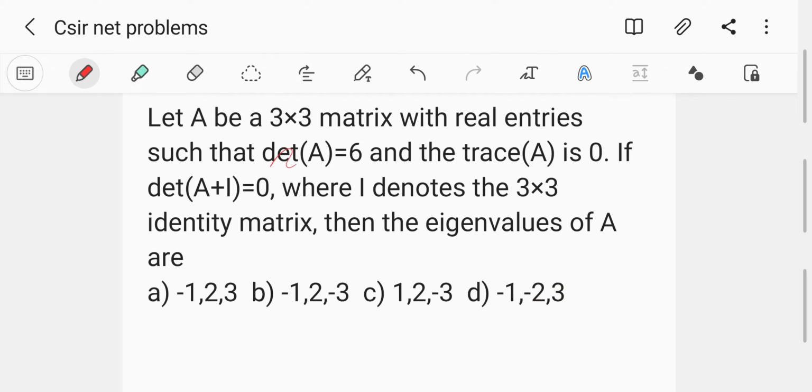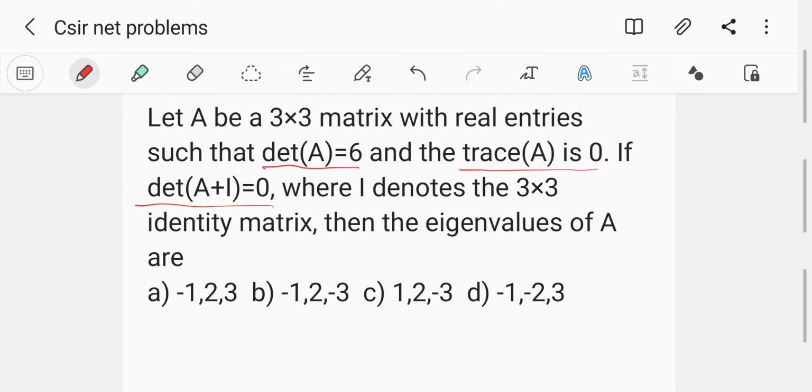Given the clues, determinant of A is 6, trace of A is 0 and determinant of A plus I is equal to 0. Here, instead of solving it, we will try to eliminate a few options so that we get the correct option quickly, because we don't know what the matrix A is.